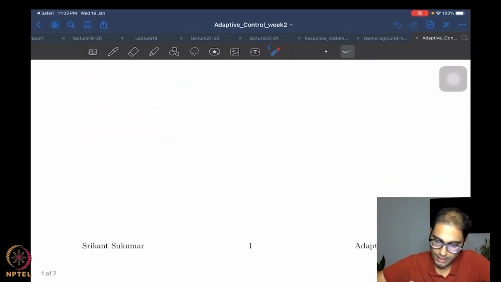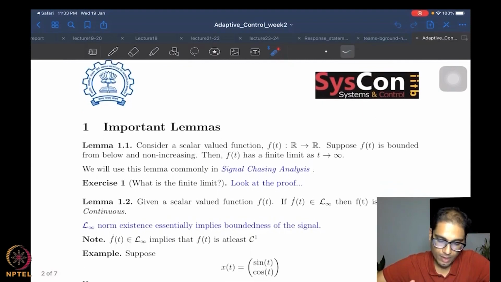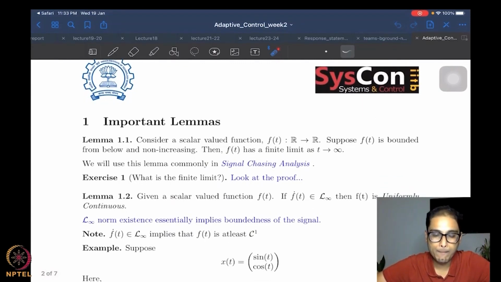We have a few different preliminary results that are required before we can even go into talking about things like Barbalat's lemma. That's really the idea here. So what are these preliminary lemmas?